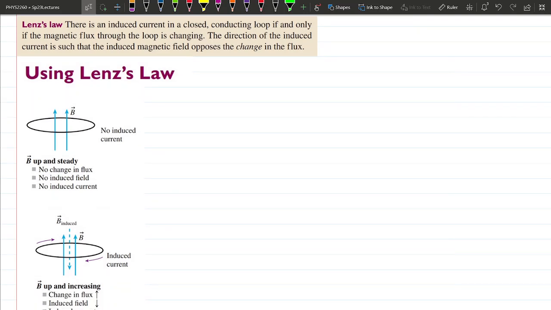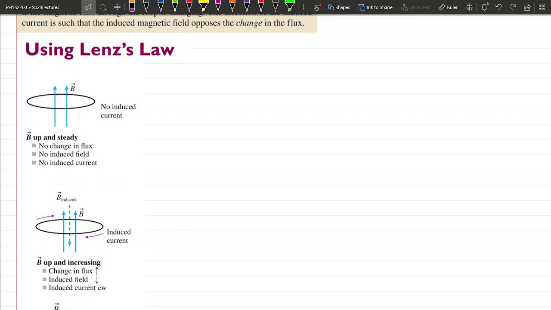Let's say a very simple situation where you have a little loop. Don't even worry about how this little wire loop gets hanging in the air without touching anything. It's just hanging up there in space. If you have a magnetic field that is constant, meaning no change in magnetic field and no change in the size of the loop, then flux is B dot dA, but think of it as proportional to the magnetic field times the area of the loop.